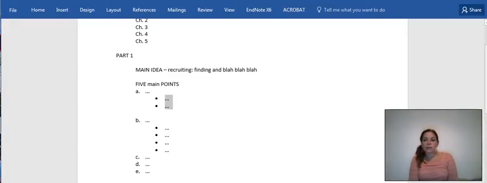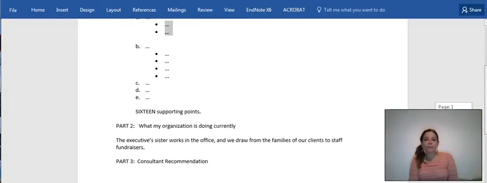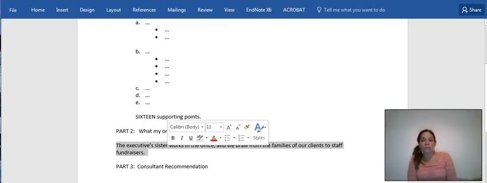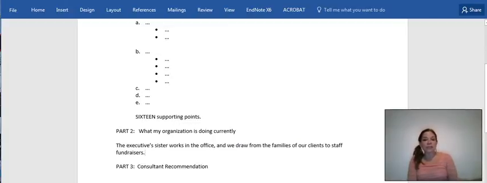You can't see all this. Let me see if I can bring this down. All right, so here we are. What is my organization currently doing? The executive's sister works there. This is all of part 2. It might be just that long, and the other thing was 3 pages. Now you've got all of these ideas to support each of these 5 concepts that we talked about earlier. Here are your recommendations.